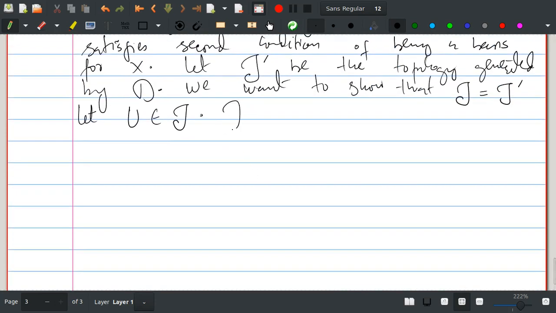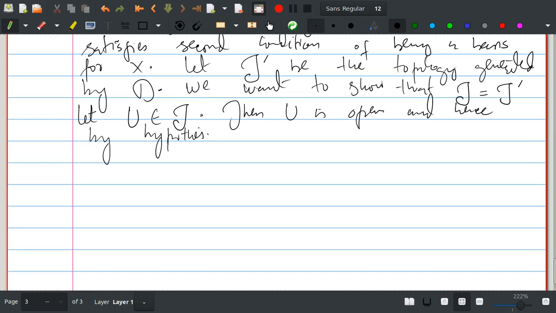Then U is open, and hence by hypothesis there exists some D in D such that x is in D and this D is contained in U.